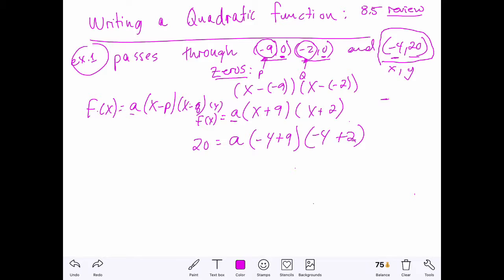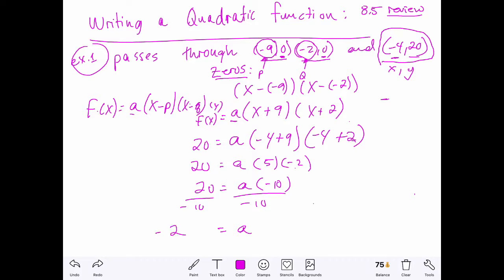Okay, so that's going to be a times 5 times -2 equals 20. So 20 equals a times -10. And now if we're solving for a, remember we want to isolate it, so we'll divide by that -10. And a equals -2.